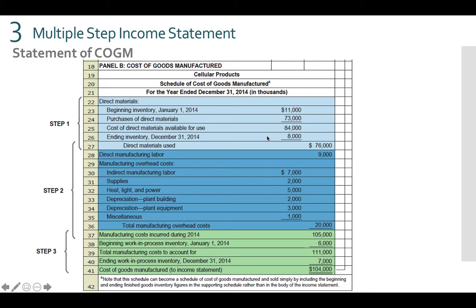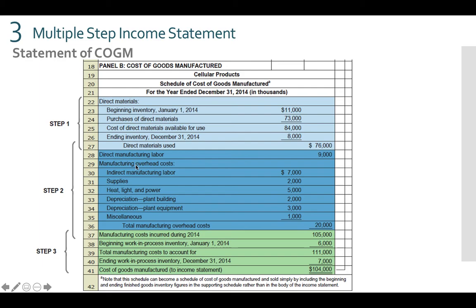And then at the end of the year, the remaining inventory or the ending inventory is $8,000, which means that the direct materials that we used in 2014 is $76,000. And then the next component is direct manufacturing labor, which is usually already given in the problem statement. So it's 9,000.